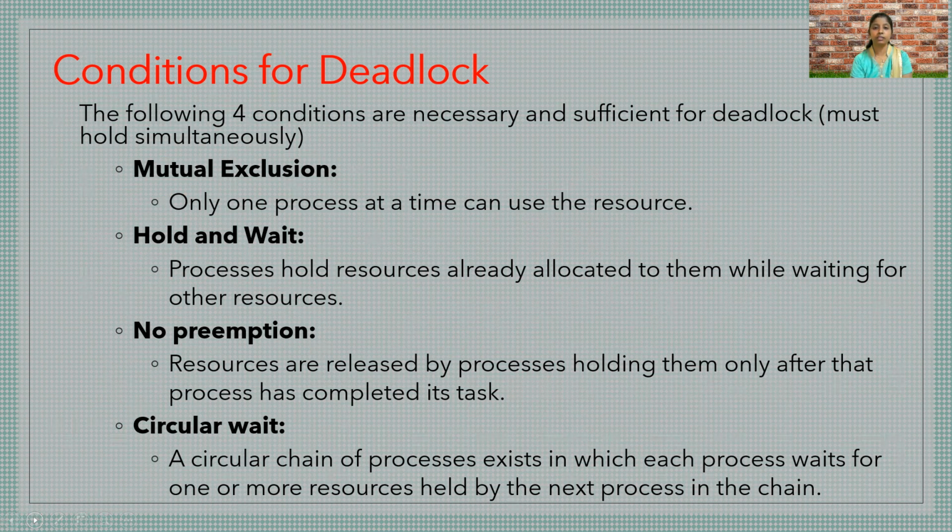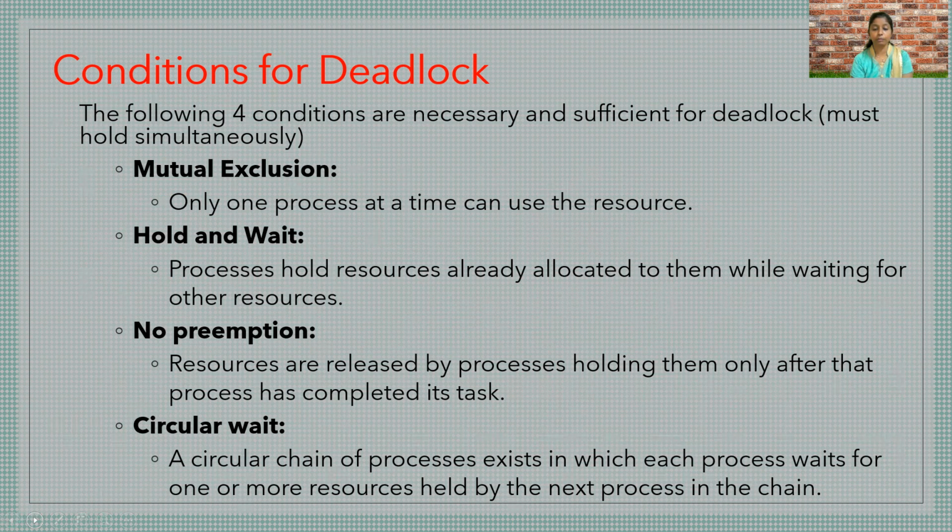The no preemption property says whenever resources are allocated to a process, they will not be forcefully taken from them unless they are voluntarily released. So, in a no preemption state, when a process is given a resource, the system waits for the process to voluntarily release the resource that is allocated and does not forcefully take it away from that process.